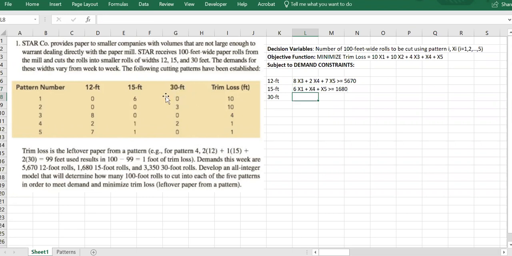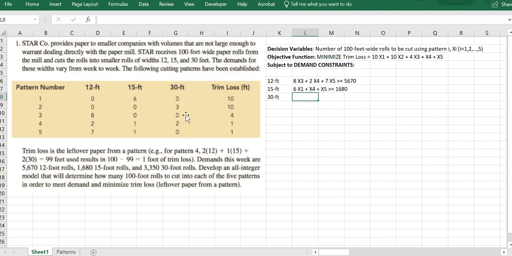For 30 foot rolls, if you cut using pattern 1, no 30 foot rolls. Using pattern 2, each one is going to end up with 3 30 foot rolls.